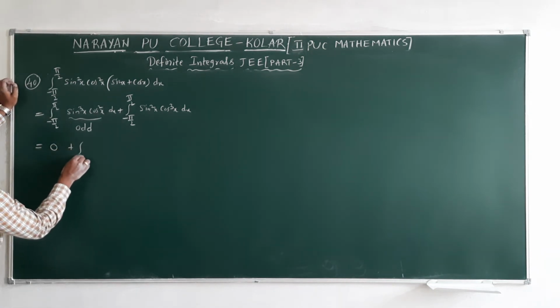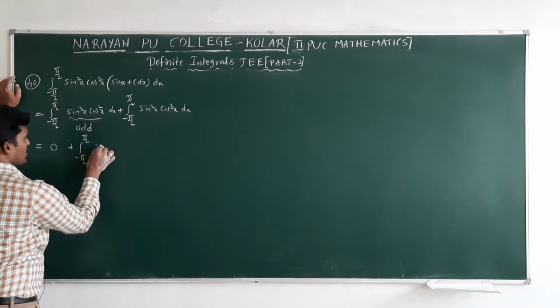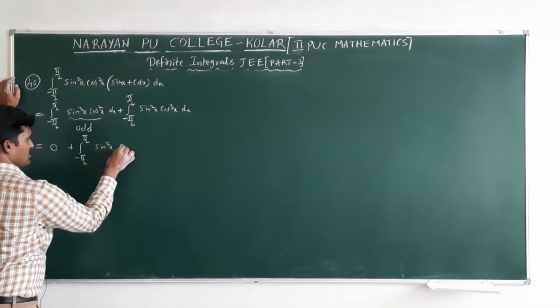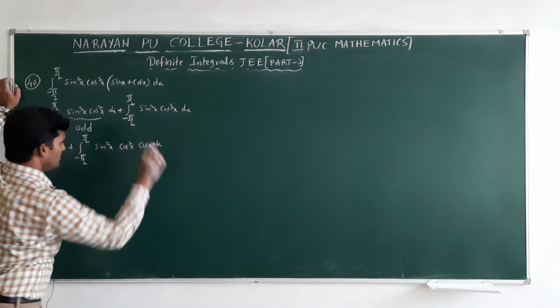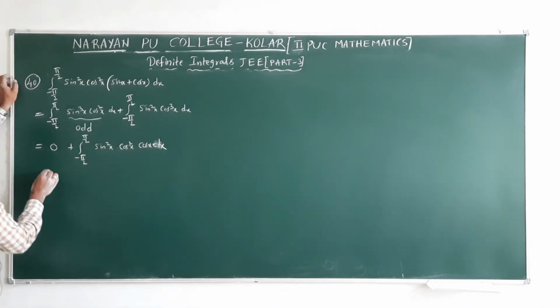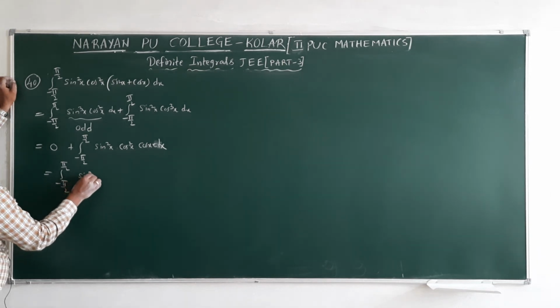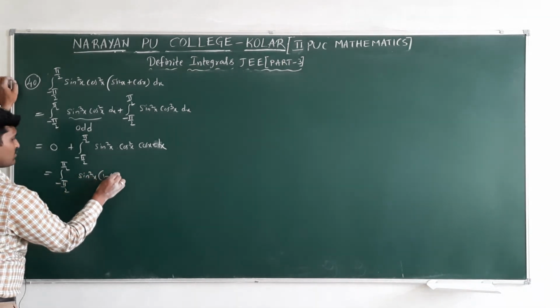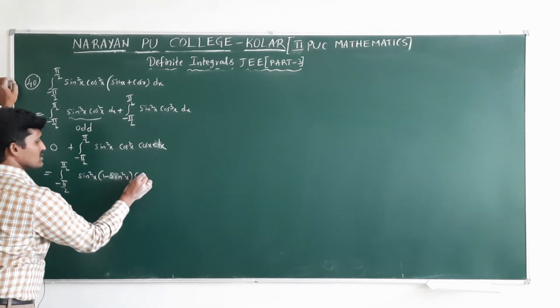0 plus integral from minus pi by 2 to pi by 2 of sin square x, don't change, cos cube x we can write as cos square x into cos x dx. Sin square x into cos square x, I can write 1 minus sin square x, into cos x.